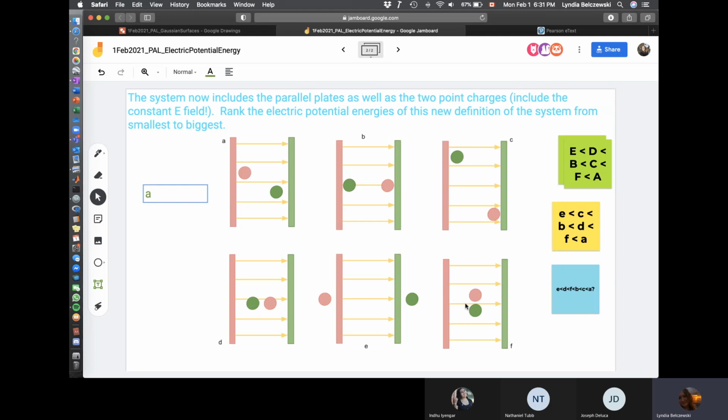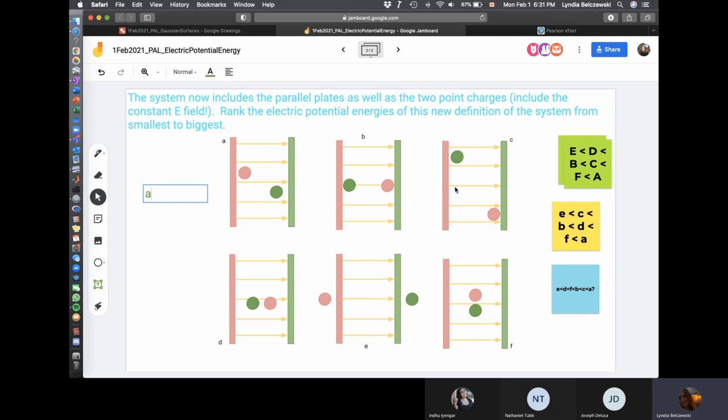They'd have to rotate a little bit, but they wouldn't have to move too much. So they wouldn't gain a whole lot of kinetic energy in doing that, which means that they wouldn't have that much potential energy in the first place. Still a significant amount, definitely more potential energy than the system would have for the configuration in D, for example, but there still would be some.